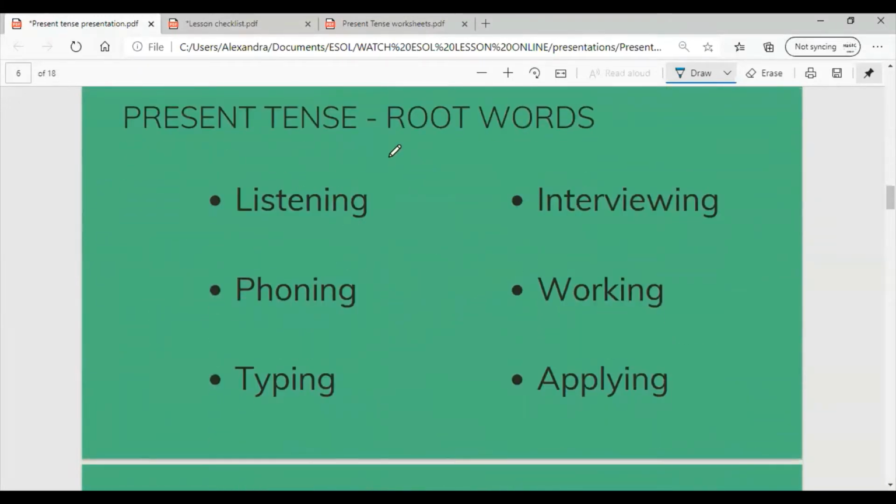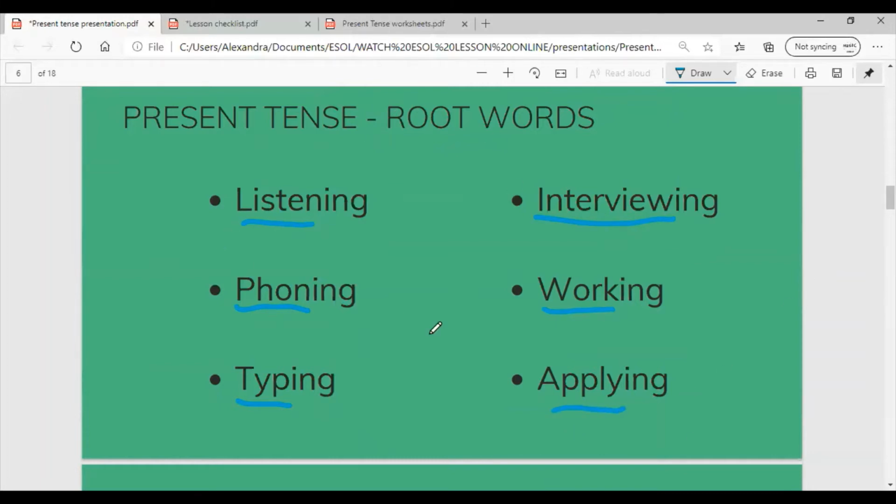So if we look at these present tense root words, you can see we've got listen, and then we've got the ing added on the end. We've got phone, ing added on the end. Type, added on the end. We've got interview, ing added on the end. We've got work with the ing added on the end. We've got apply with the ing added on the end.